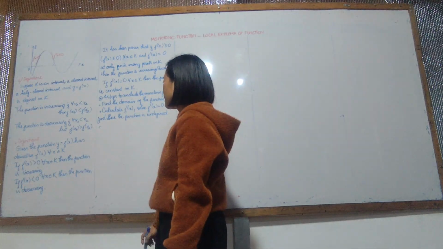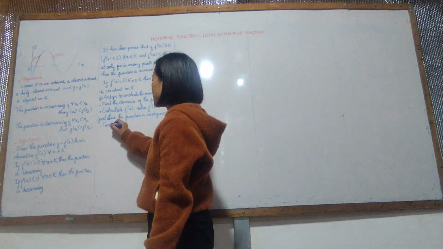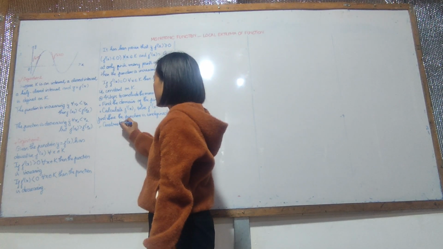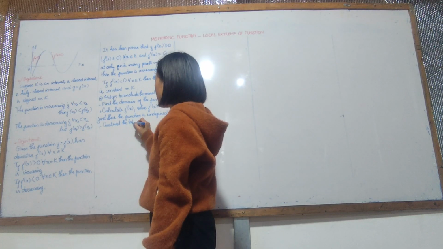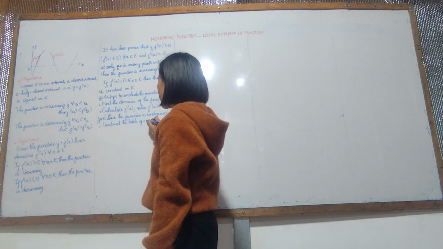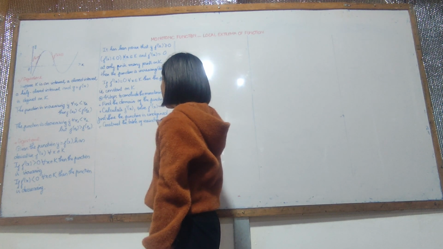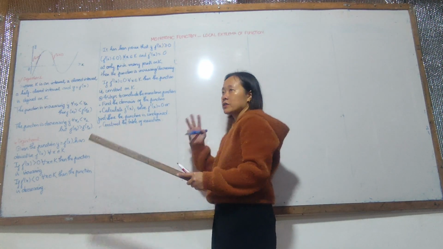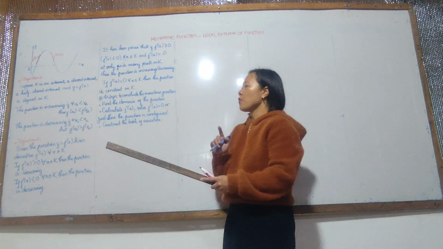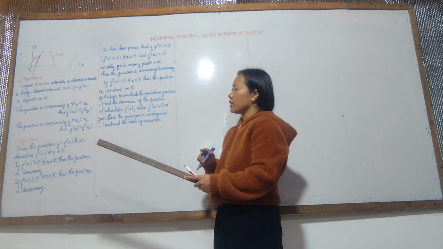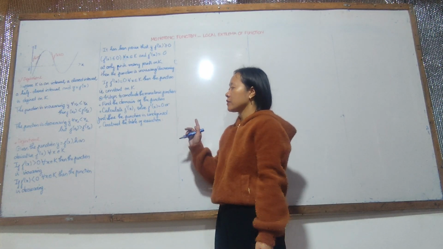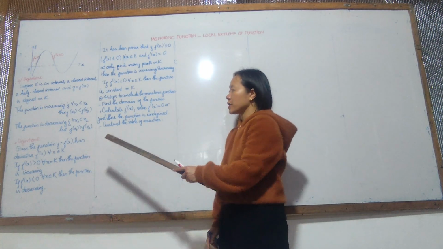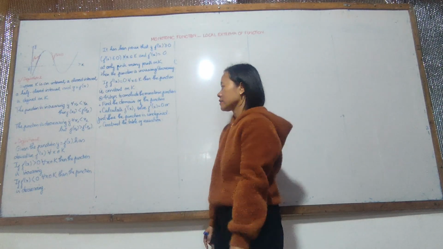In step 3, we will construct the table of variation. This table has 3 rows. Row 1 for x, row 2 for the derivative, and row 3 for the function f(x).